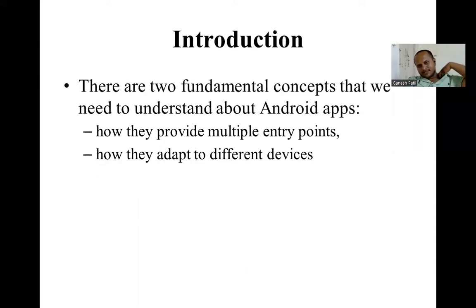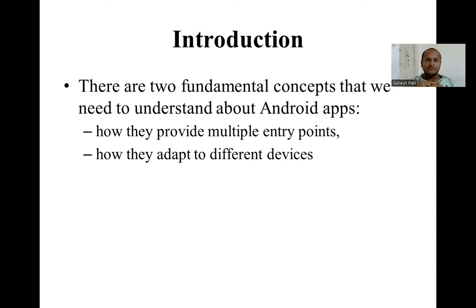In the introduction part, there are two fundamental concepts that we need to understand about Android apps. First is how they provide multiple entry points, and second is how they adapt to different devices. Before developing any Android app, keep these two things in your mind.